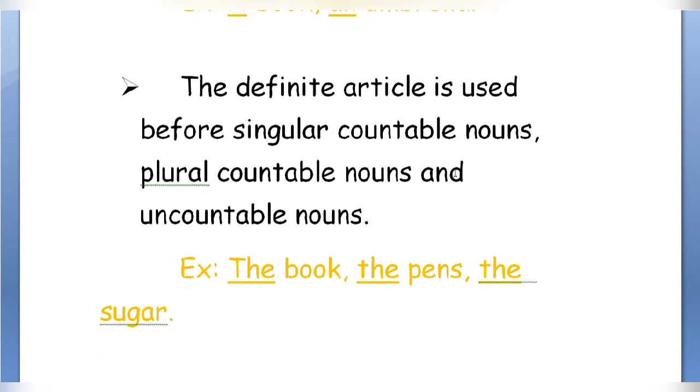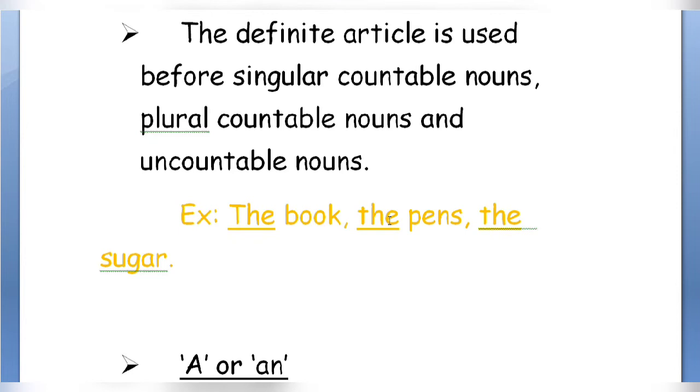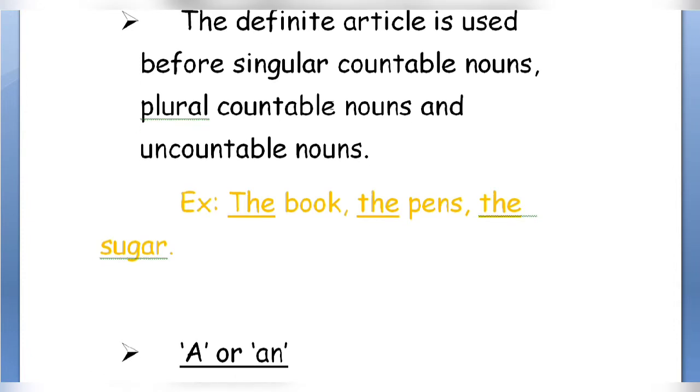Next, the definite article is used before singular countable nouns, plural countable nouns and uncountable nouns. Countable nouns and uncountable nouns are different kinds of nouns. Countable nouns refer to nouns that can be counted, and uncountable nouns are those you cannot count.